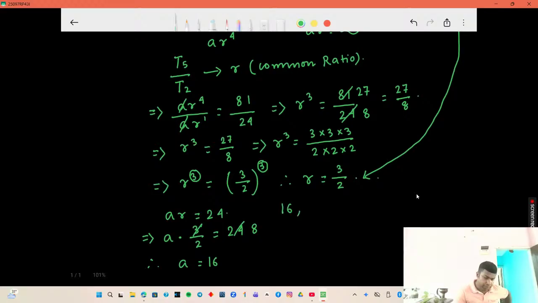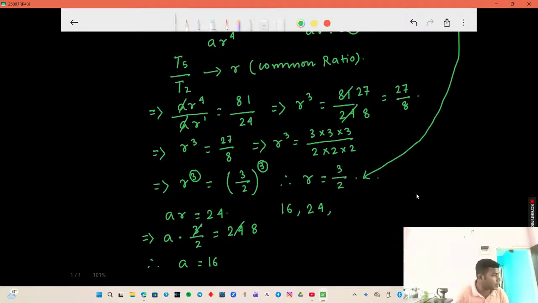The second term of the GP is 24, and now we can find the third term of the GP. How can we find the third term? We will find it by multiplying the second term with 3 by 2, as the common ratio of this GP is 3 by 2. And what is a common ratio?